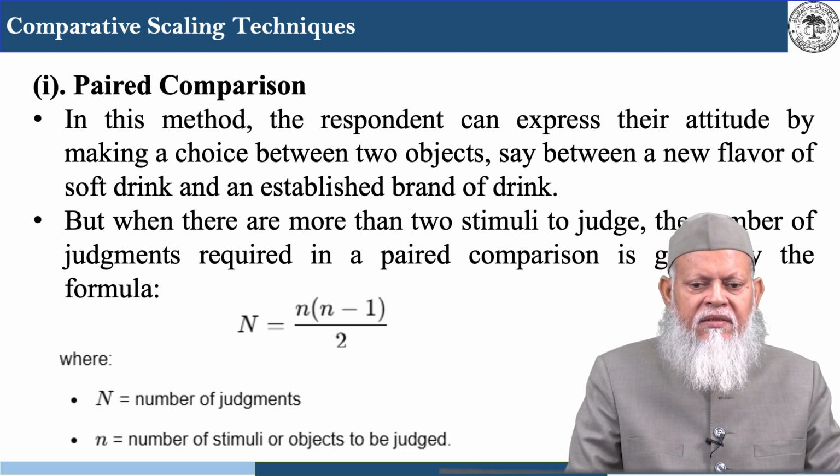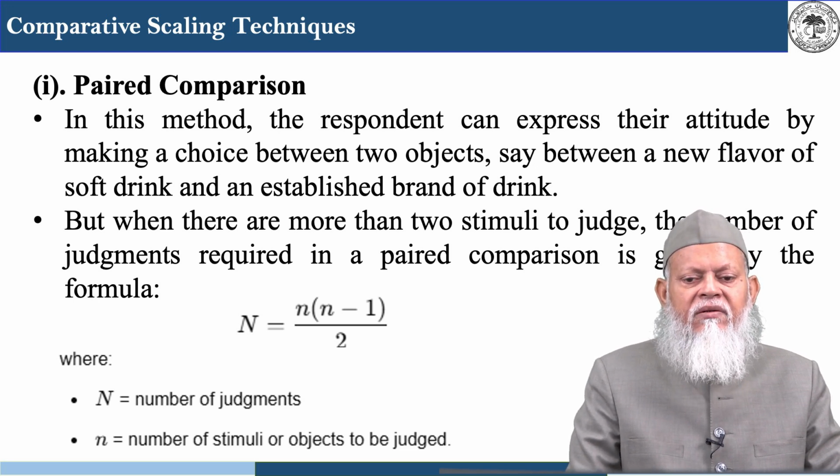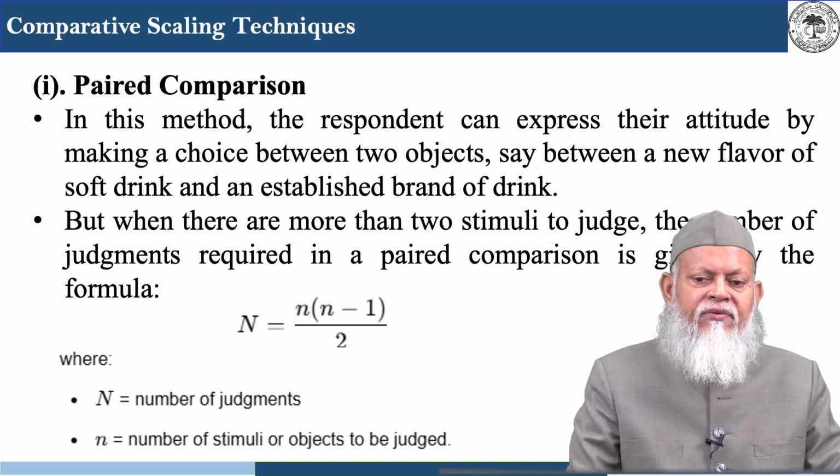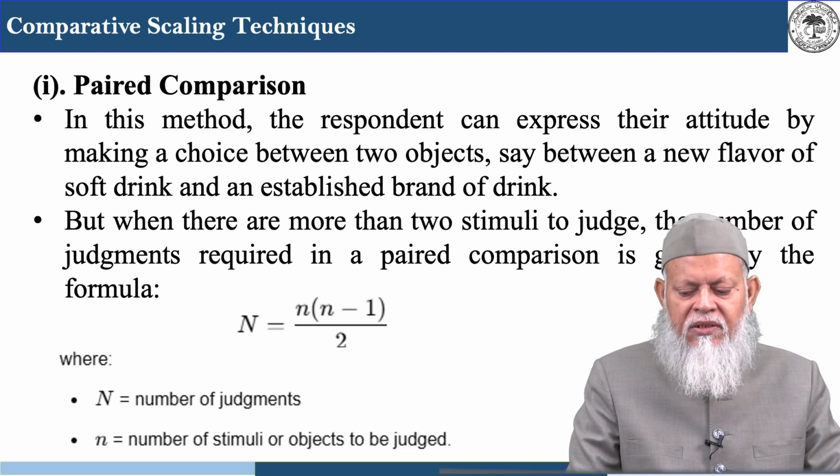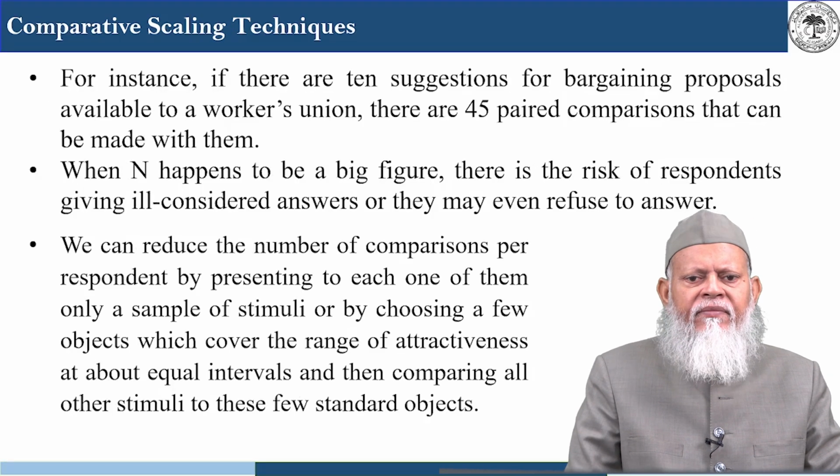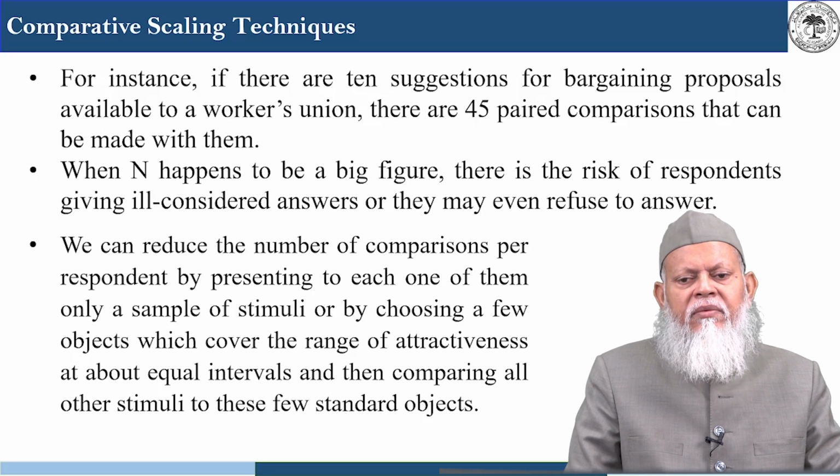That is easy to check: how many judgments have to be made in the paired comparison depending upon the number of objects and stimuli. For instance, if there are 10 suggestions for bargaining proposals available to a workers' union, there would be 45 paired comparisons that can be made with them.